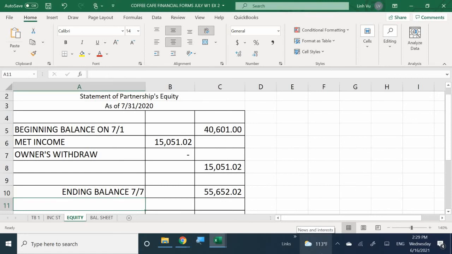I don't know, how did you get the 15 on the bottom? That's my net profit minus my owner's withdrawal. This is the amount that I'm going to change my equity by.